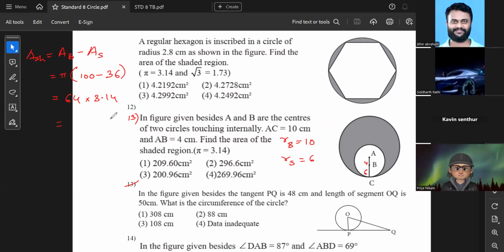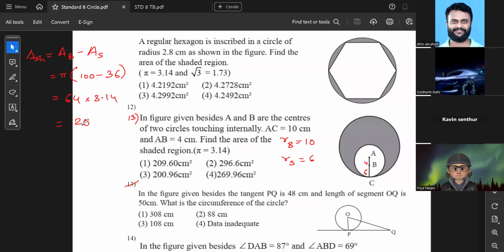So 64 into 3.14. Sir, 209.60. Are you sure? Yes, sir. 200.96. Sir, I'll tell my logic. 64 times 3 gives us 202, if I'm not wrong.